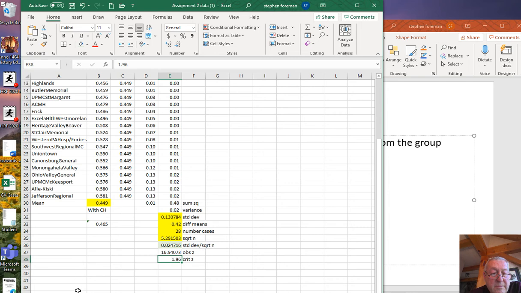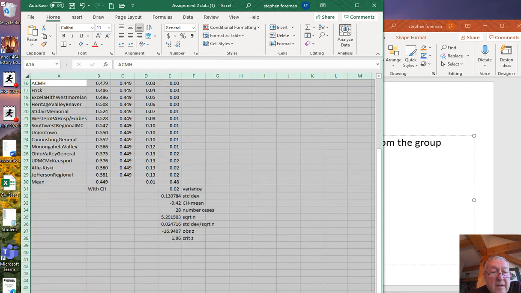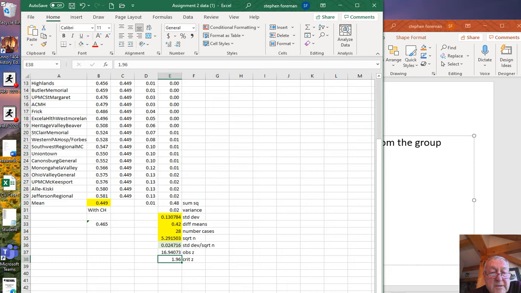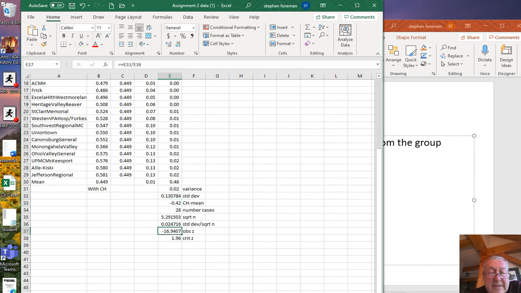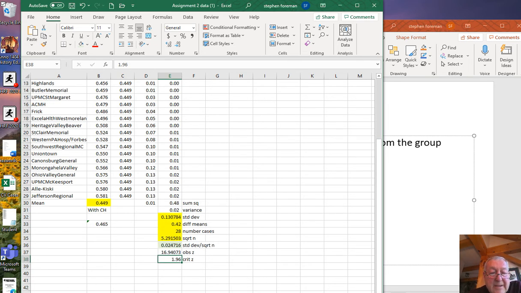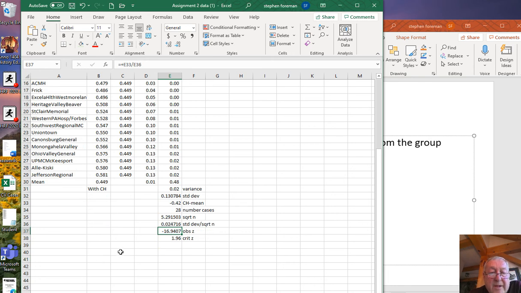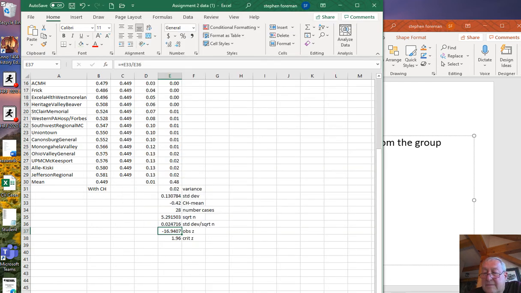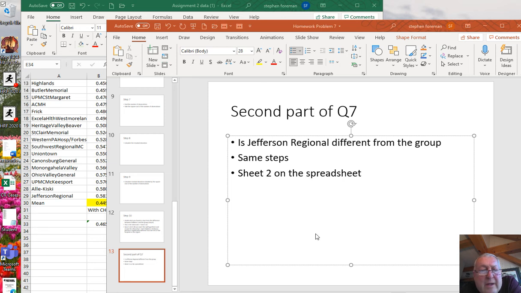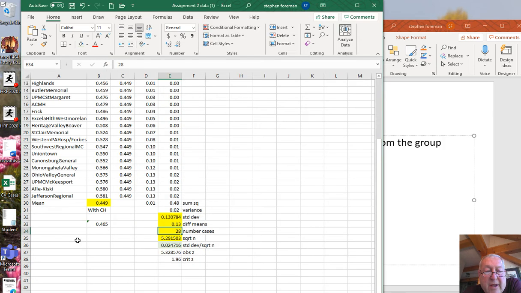In fact, since the standard deviation and the square root of n are going to be the same, the only thing that's going to change is the difference in the means between Jefferson Regional and the group.